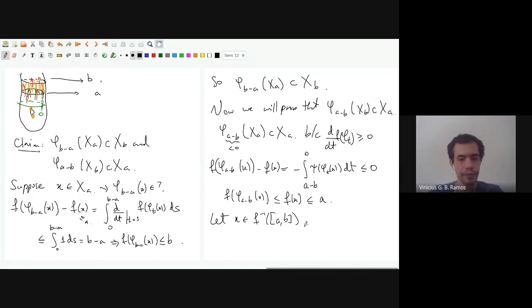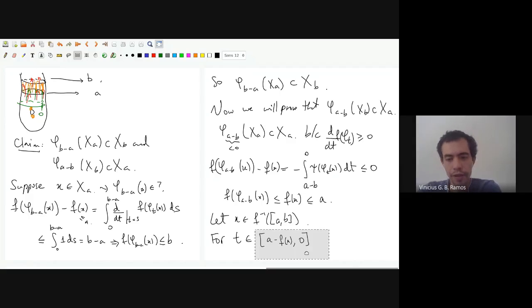So now let's fix time t in a minus f of x, 0. Actually, let's not be so confusing, and let's do positive times and then just flow with minus t. That might be a little more orienting. So let's take a t that's between 0 and f of x minus a, and we're going to flow with time minus t.